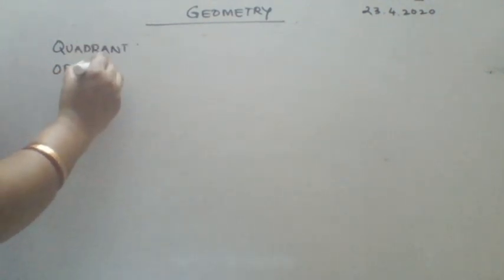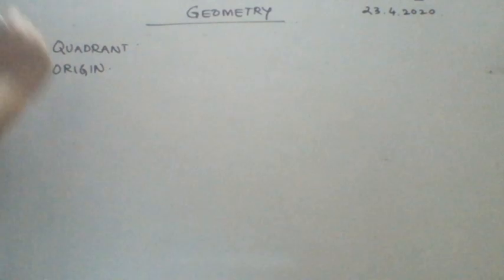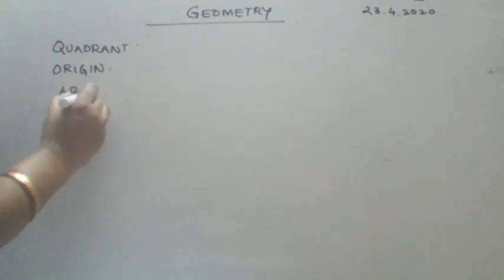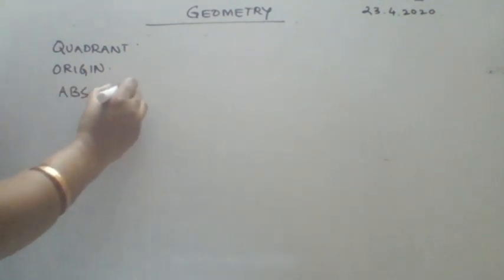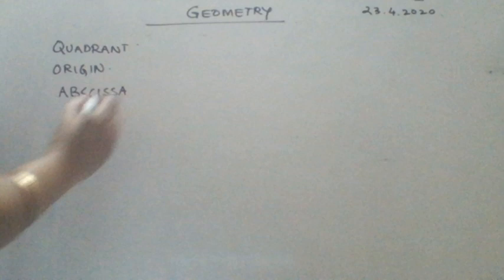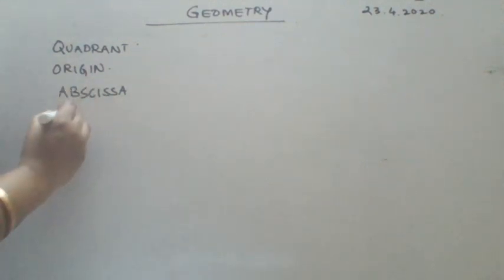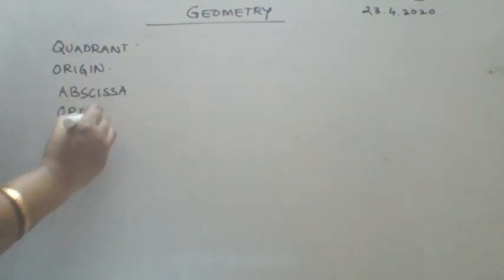Now we will discuss these things and then we will proceed further. This is your origin. Then you have studied about ordinate and abscissa, A, B, S, C, I, S, S, A. Please note down the spelling. Maybe yesterday I wrote A, B, C, but the exact spelling is A, B, S, C, I, S, S, A. And you have ordinate.